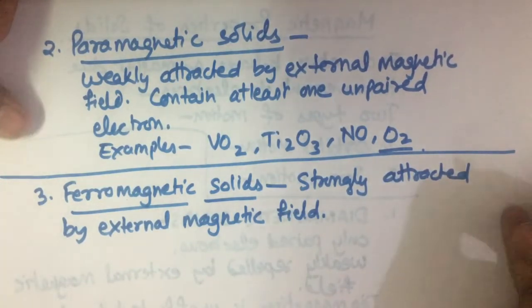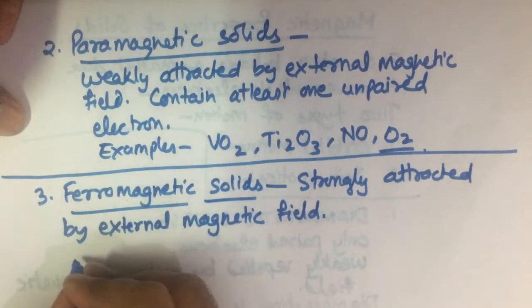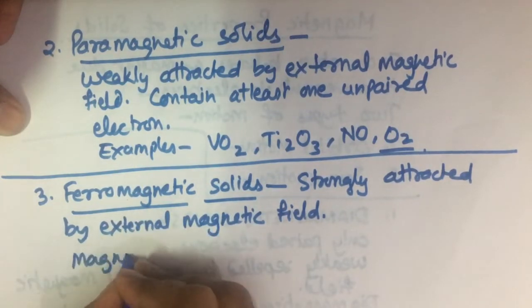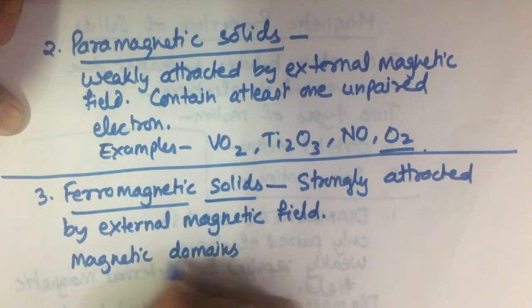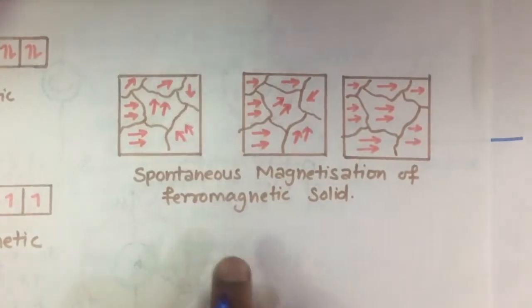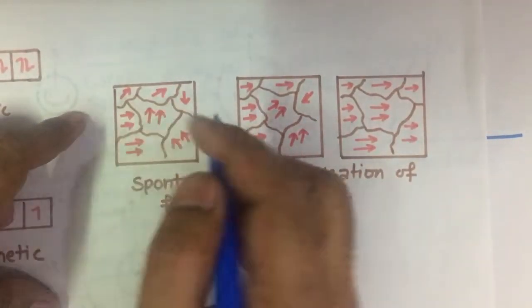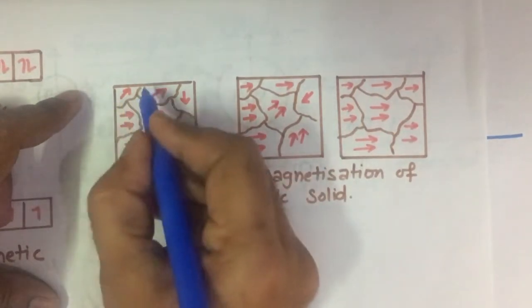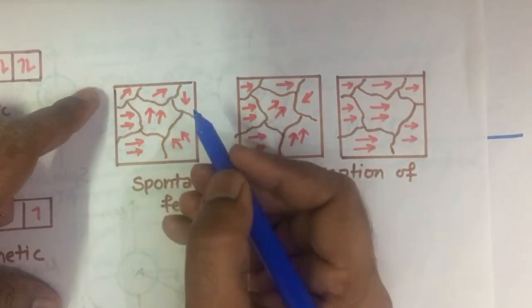To understand the behavior of ferromagnetic substances, now we will study in terms of magnetic domains. Each solid is grouped into small parts which are called magnetic domains.